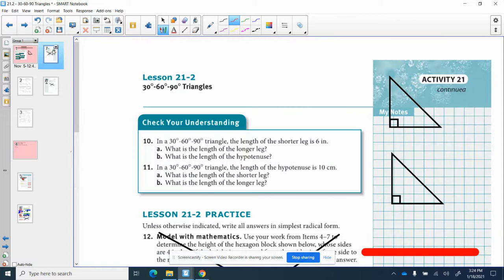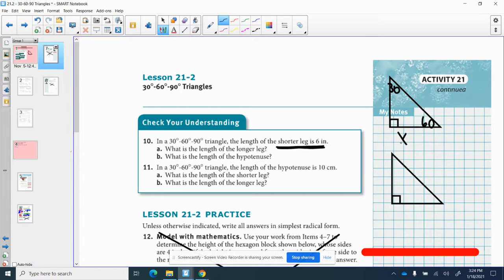So a couple of examples with this, and each time it might be helpful to have a 30, 60, 90 triangle drawn out. So I'm going to put this as my 30, this is my 60. So again, short leg is across from the 30, long leg is across from the 60. In this first example, the short leg is 6.